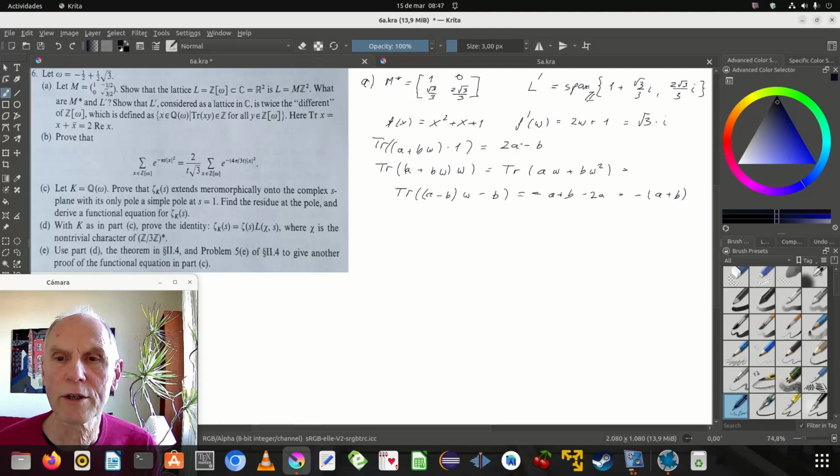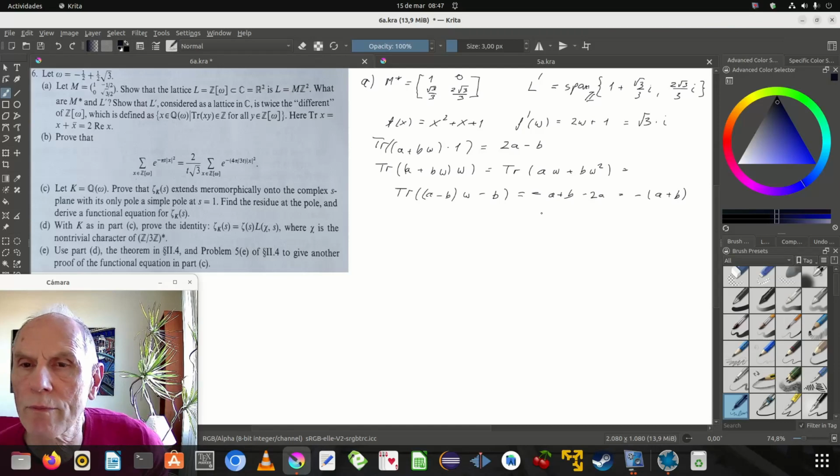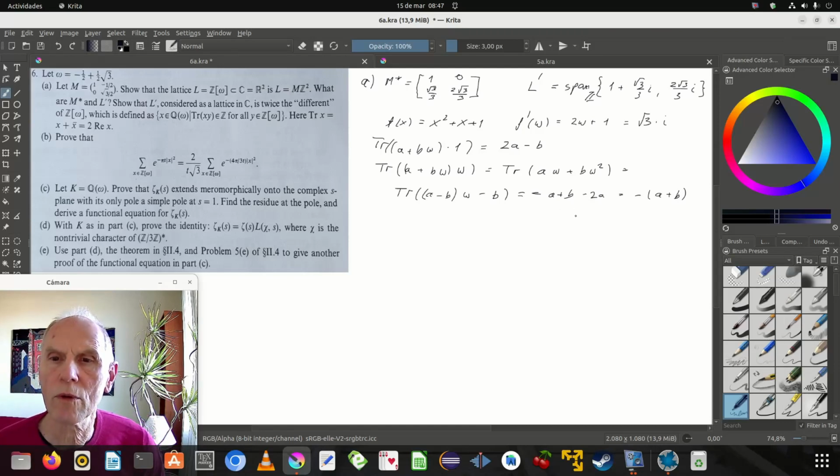So we need these two to be integers. And subtracting them gives 3a is an integer.